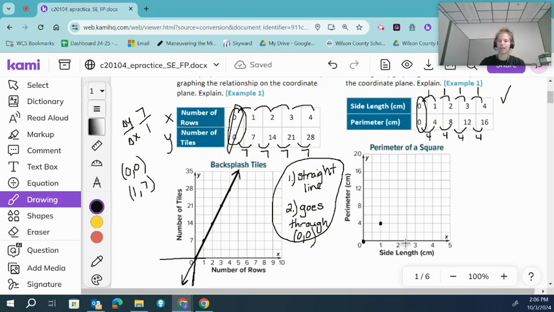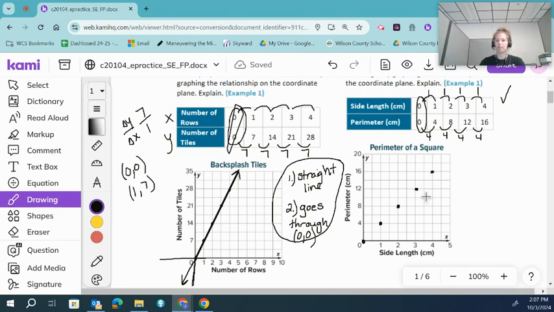See that? Okay, so you're not just counting boxes, you're paying attention to the way that the axes are labeled. Okay, 2 and then 8. Okay, 3 and then 12, 4 and 16.